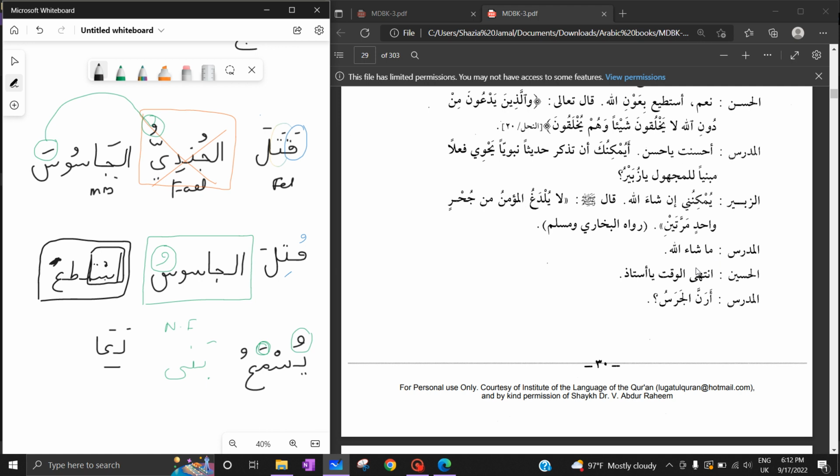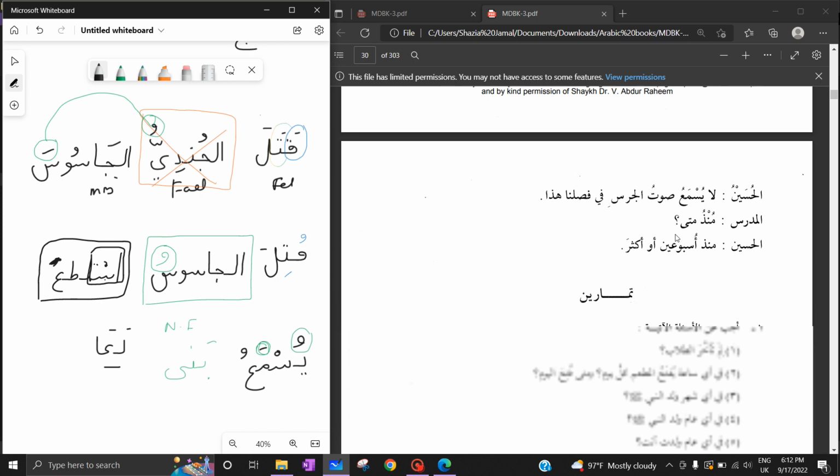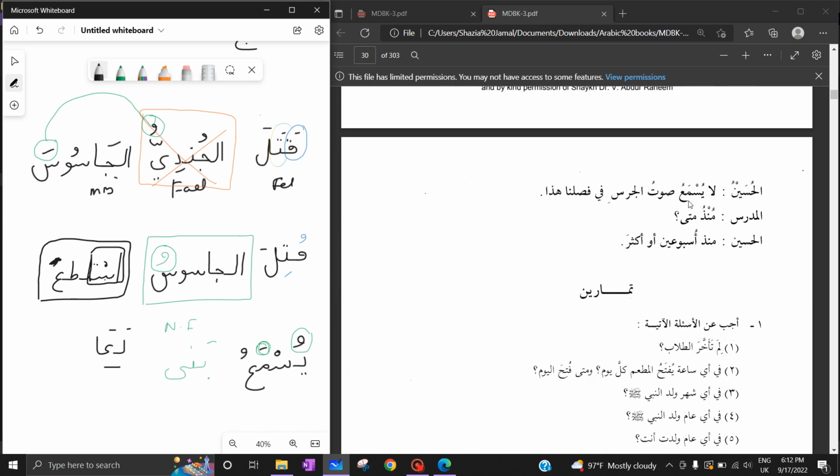Mudarris: MashaAllah. Intaha al-waqt ya Ustaz. Hussain says that intaha means the time is ending. Mudarris says ahal rann al-jarsu, meaning did the bell ring? So Hussain says la yusma'u sautu jars. La yusma'u, what is this form? Majhul. Sautu al-jars.